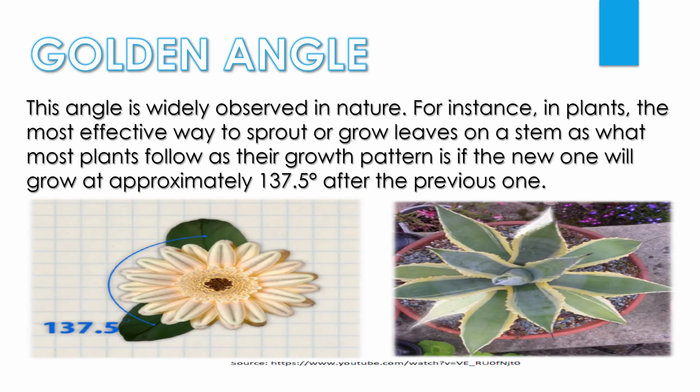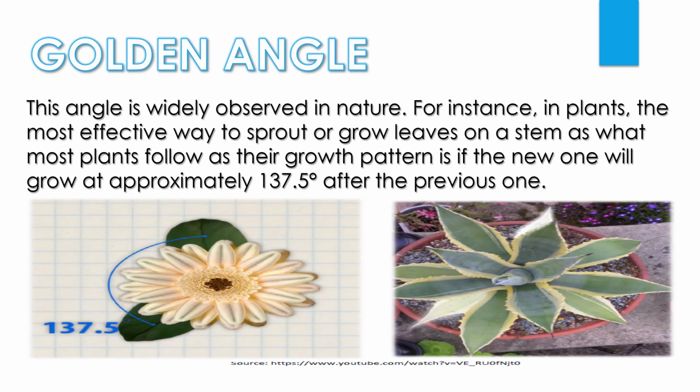So for instance, in plants, the most effective way to sprout or grow leaves on a stem is what most plants follow as their growth pattern. And the new one will appear 137.5 degrees after the previous one. When there is a new fruit or a new sprouting plant or leaf, it has an angle of 137.5 degrees.